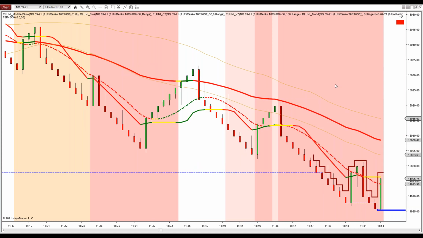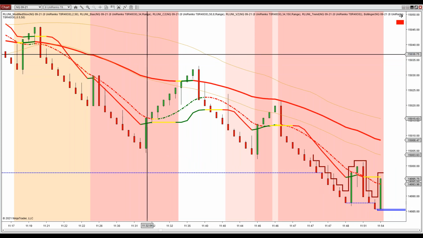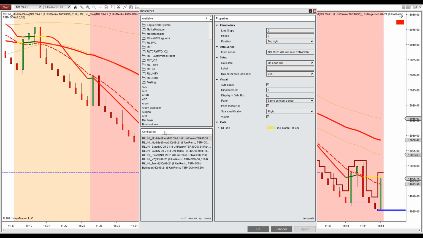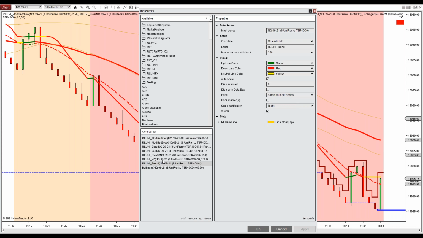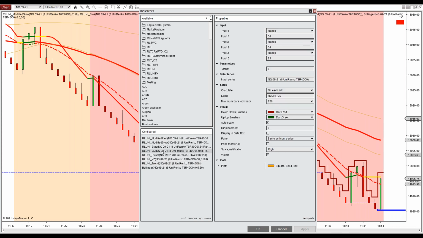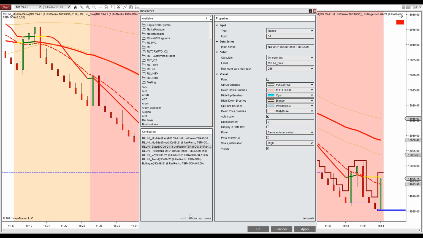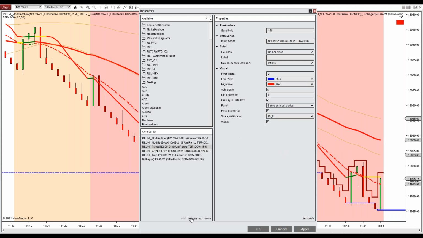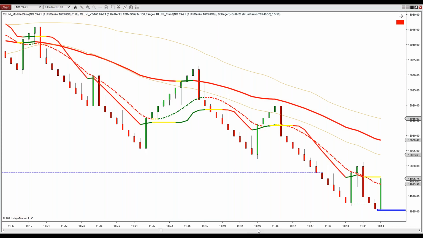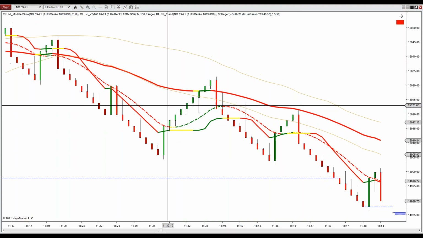Now, the aggressive strategy is really aggressive. And I'm going to take the indicators that it ignores and remove them. Now, here's the aggressive strategy.